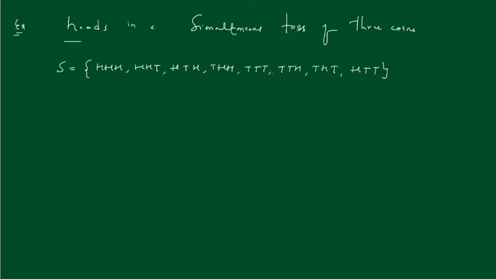So there are 8 sample points in this random experiment of tossing a coin 3 times.